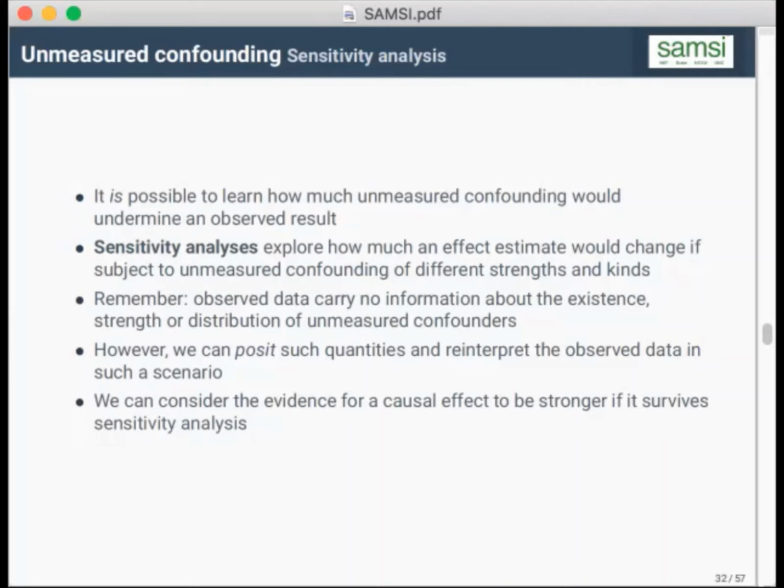So we can't test for the existence of an unmeasured confounder, but we can posit the existence of an unmeasured confounder and see how much the strength of its confounding changes what we believe about the causal effect that we're interested in. If a reasonable amount of unmeasured confounding does not change our substantive conclusions, then that's additional evidence in favor of those conclusions.